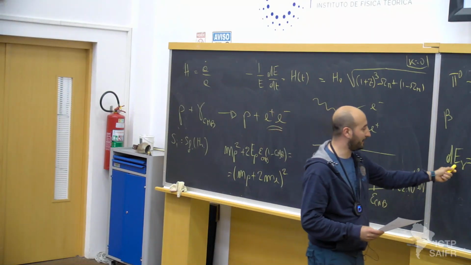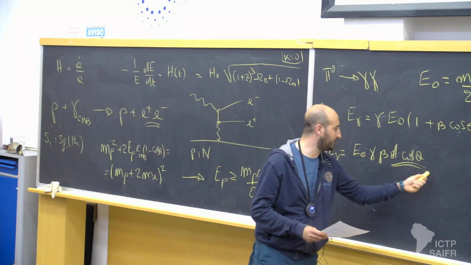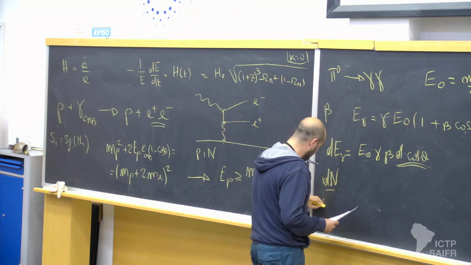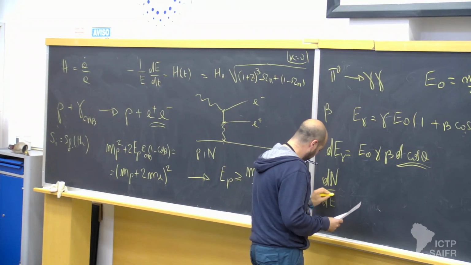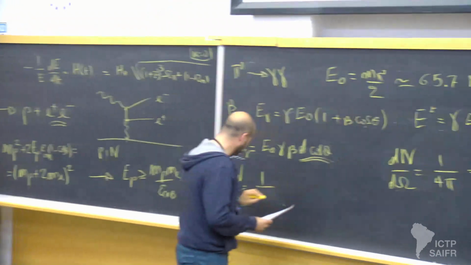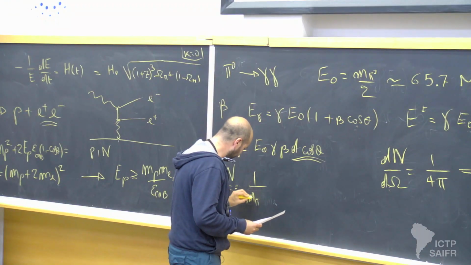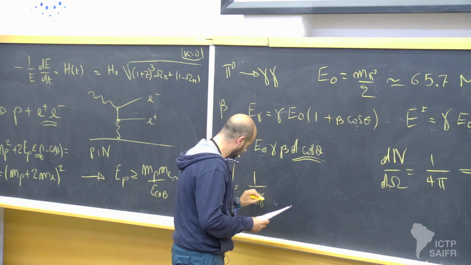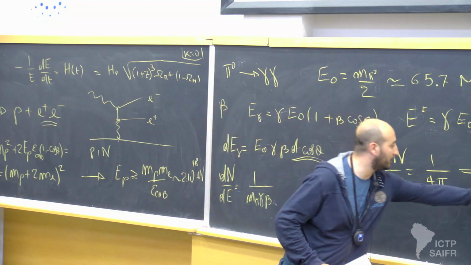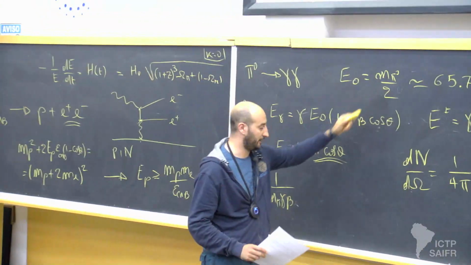Fine. Now I replace this. I know what d cosθ is. So I know what the spectrum of the photons in my lab frame is. This is going to be 1 over m_pion γ β. Why? Because there is a factor 2 that goes away with the factor 2 here.